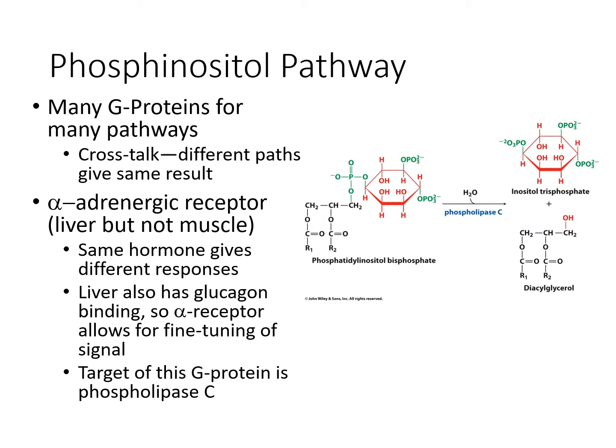This is an example of how G proteins work in many pathways. As I mentioned before, in the previous example the G protein's alpha subunit activates adenylate cyclase, but the G protein can also activate the phosphorylated pathway, and this is an example of a receptor which gives crosstalk to the phosphorylated pathway.